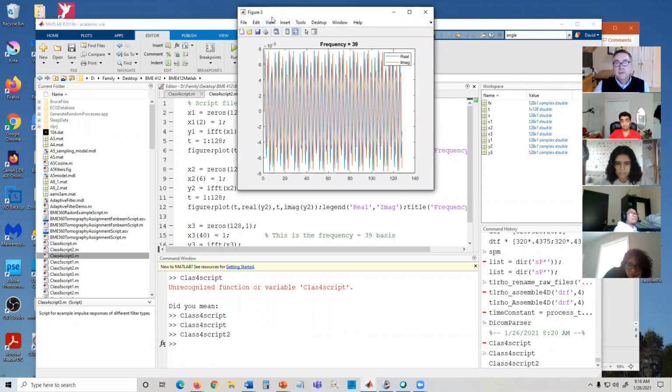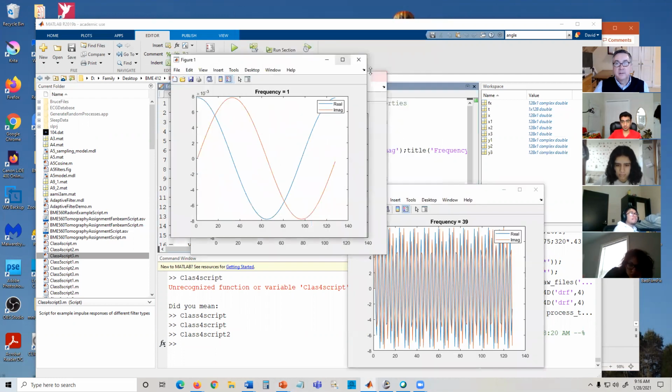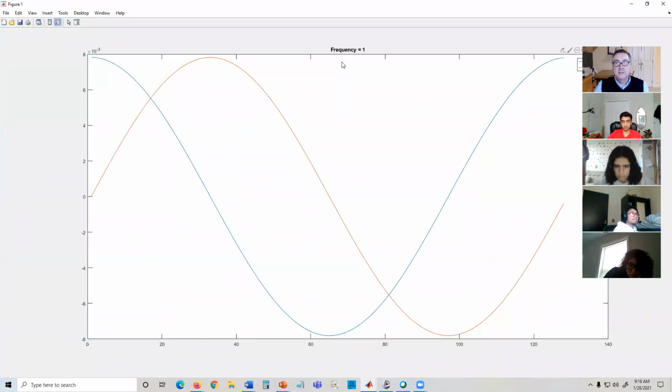Okay, I'll make this big. So this is what frequency equal to 1 looks like. You'll notice that it's a sinusoid that completes one cycle in the full recording period. Simple enough.